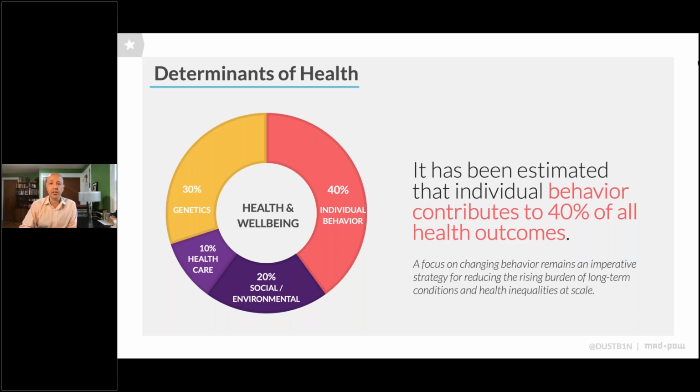But we're still in the network where 40% of our individual behaviors, either what we ourselves do that contribute to our own health, or what people in our own networks do that influence our health as well, whether those are clinicians, family members, people we live with, friends and family, coworkers.